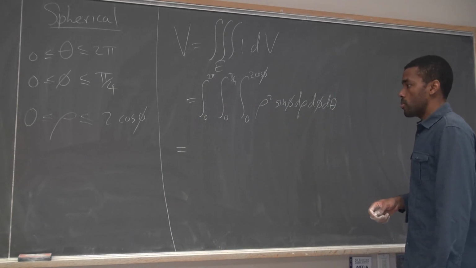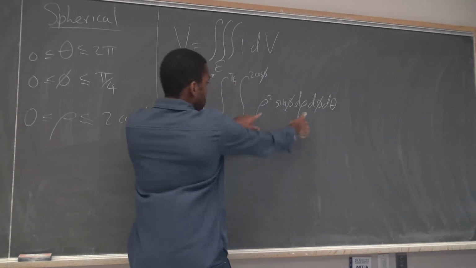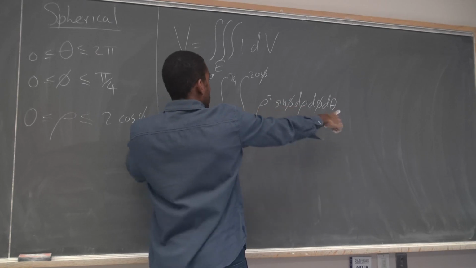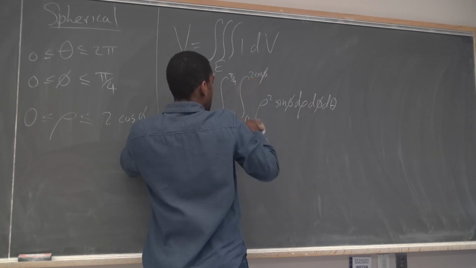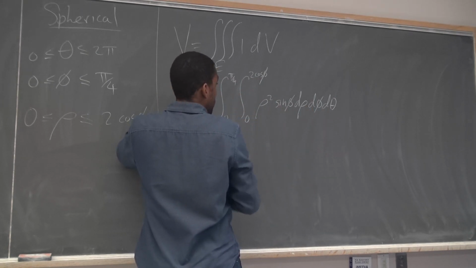And what's that? Well, I'm doing d rho first, so I have to integrate this. I could take out the 2 pi because there's no theta in any of the limits and no theta in here. So there's going to be a 2 pi on the outside.